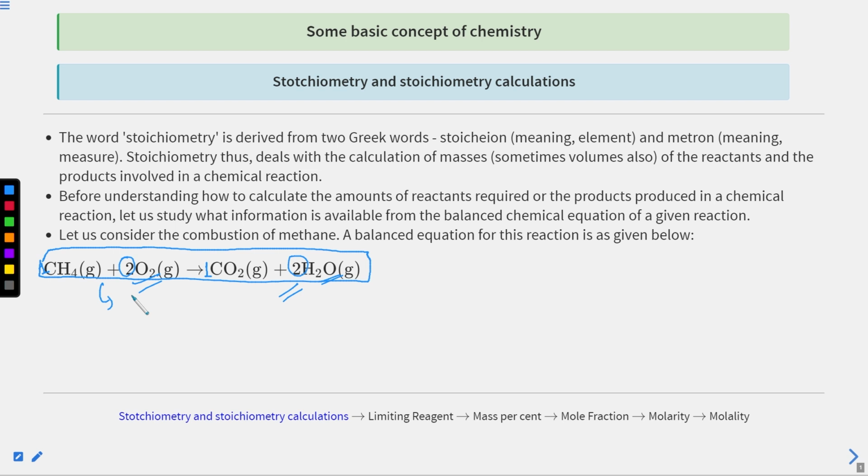Or we can also say 1 mole of methane reacts with 2 moles of oxygen to give 1 mole of carbon dioxide and 2 moles of water. Both statements are true, so there is no difference in this. The statements are different, but we can say both from the given chemical equation. Clear? Now let us move further.